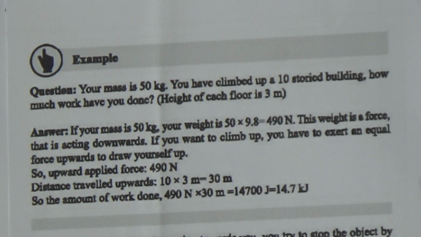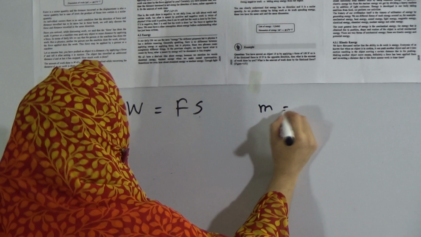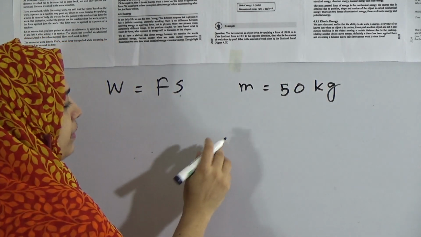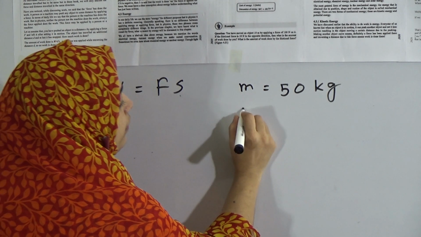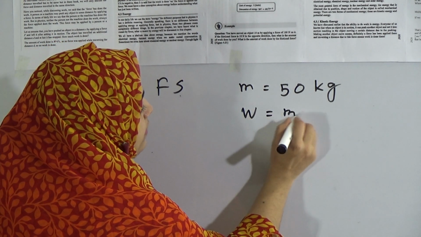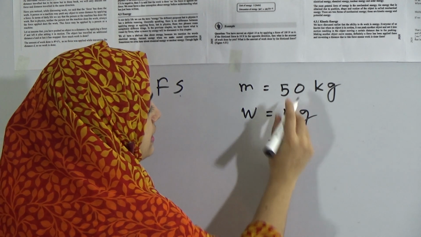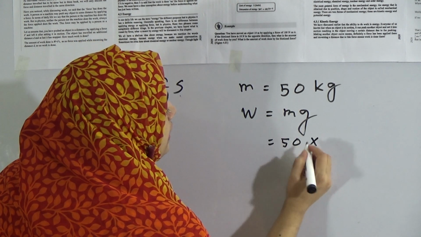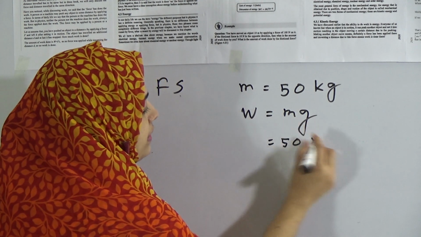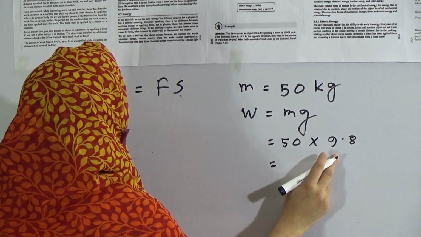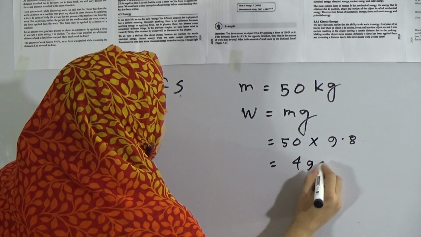Okay, my dear students, now see. Here given the mass of yours is 50 kg. So from mass we can find out the weight. So we know W equals mg. W means weight. So mass is 50 kg and g is 9.8. So 50 into 9.8, that means 490 Newton.